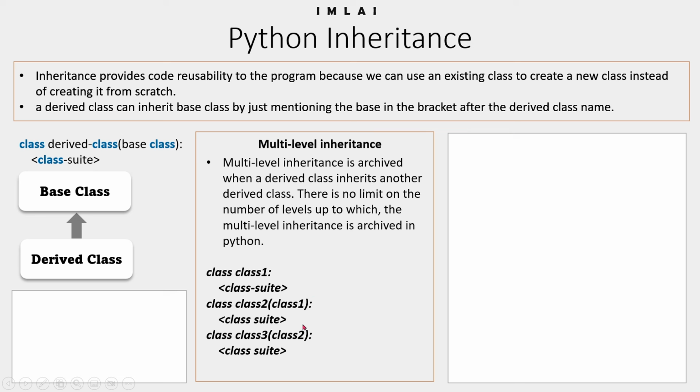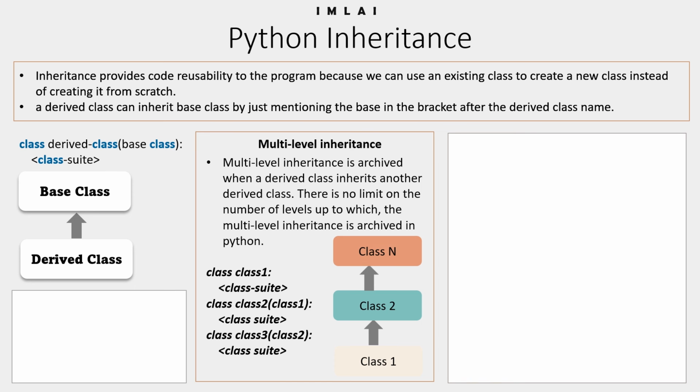It can go up to any number of levels, but this is how multi-level inheritance looks. Class 1 is our base class, class 2 has inherited from class 1, and then class 3 has inherited from class 2, and so on and so forth.